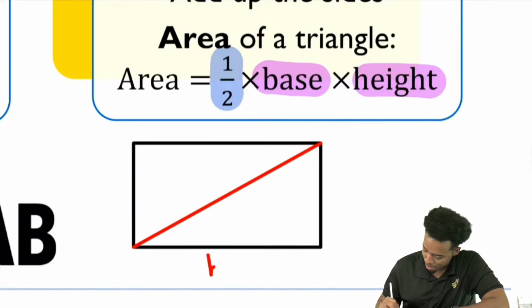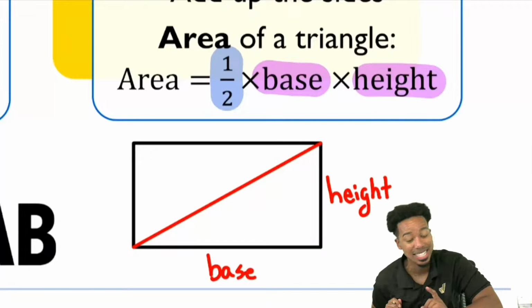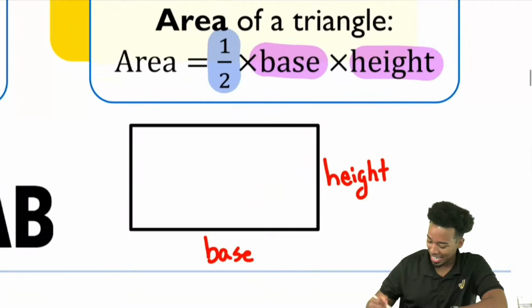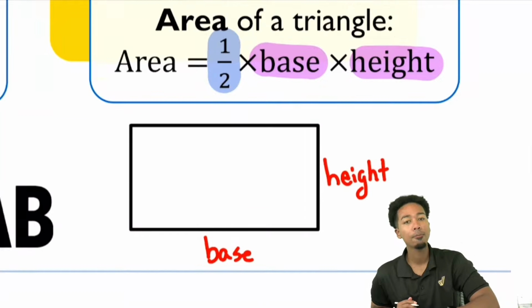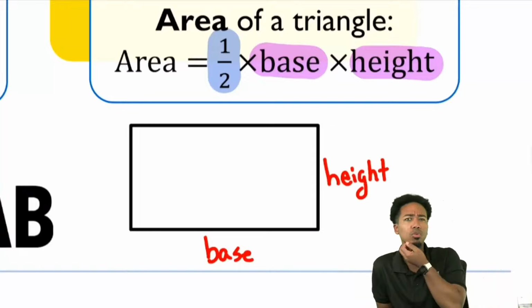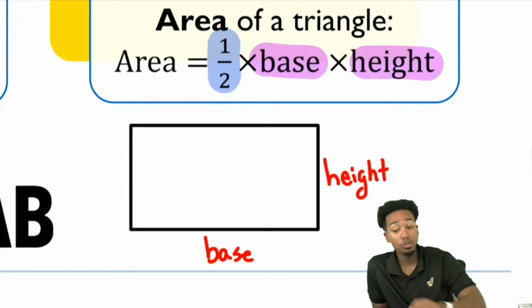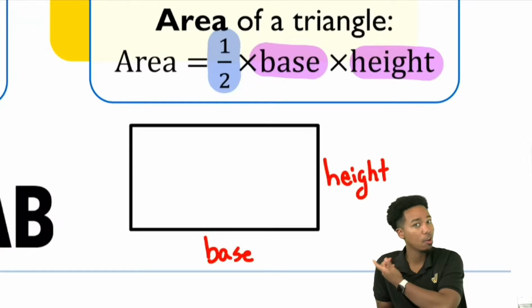So if this is your base and that's your height, everybody, if we didn't cut that in half, what formula would we be looking at if we just multiplied the base and the height together? What shape would we actually be finding the area of? Right, we would actually be finding length times width, or the area of a rectangle.